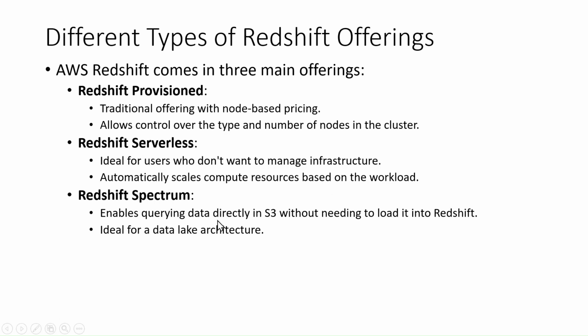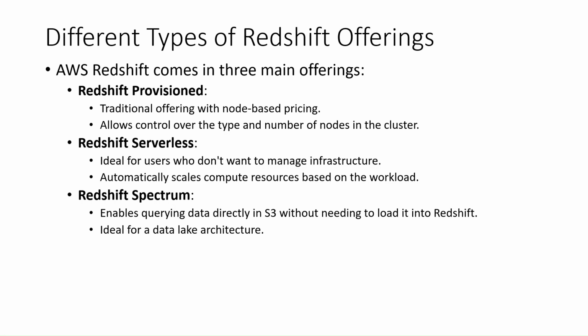Next is Redshift Spectrum. It enables querying the data directly in S3 without needing to load it into Redshift. To process the data for analytical purposes, you would not need to import the data from any other source. If you have your data in S3 or DynamoDB, you can directly query from there.